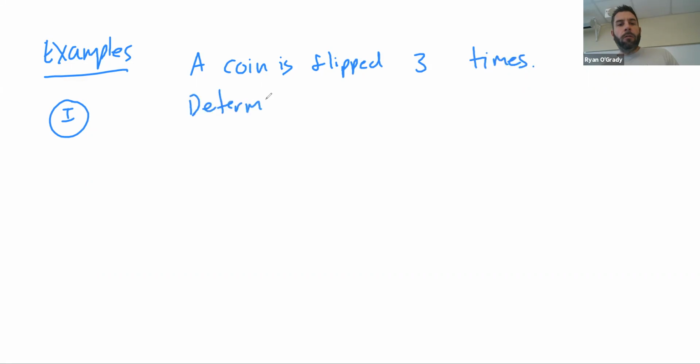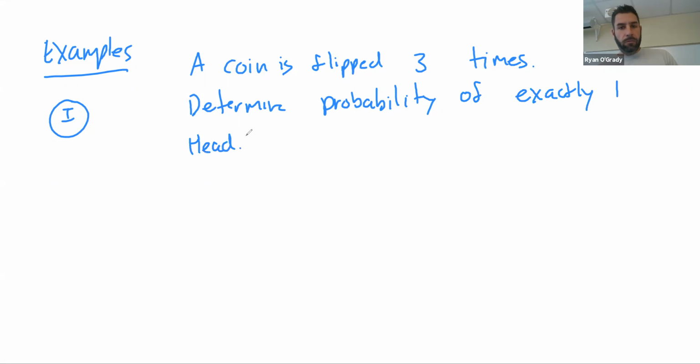Determine the probability of exactly 1 head. So the way you might think about this is, let's let success equal head. And let's assume it's fair. So the probability of success is the same as the probability of a head, which is 1/2.